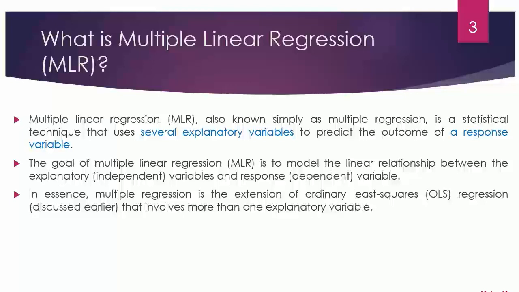The goal of multiple linear regression analysis is to model the linear relationship between the explanatory variables and the response variable. In essence, multiple regression is the extension of the ordinary least squares regression that we discussed in the earlier class. Here, as I have said, there will be more than one explanatory variable.